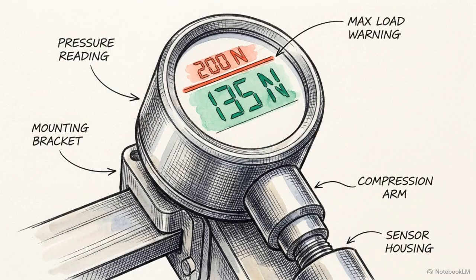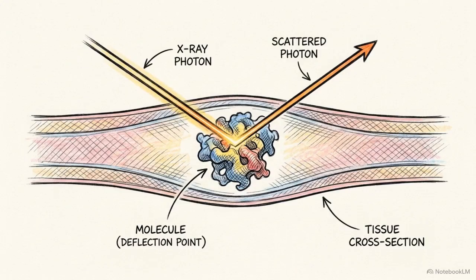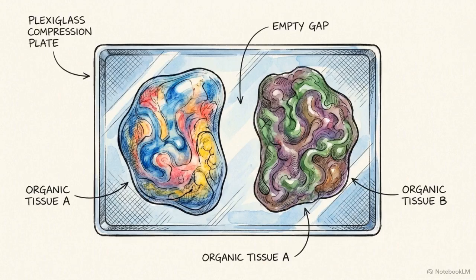Standard compression is set between 100 and 150 newtons, with a safety maximum of 200 newtons. Reducing the physical thickness drastically lowers the required radiation dose to penetrate the tissue. A thinner cross-section also reduces the probability of Compton scatter occurring within the tissue. Anatomically, compression mechanically spreads tissues out, unmasking hidden structures that would otherwise overlay one another.